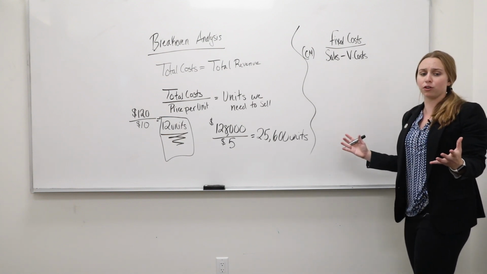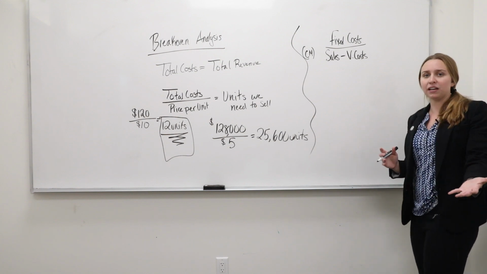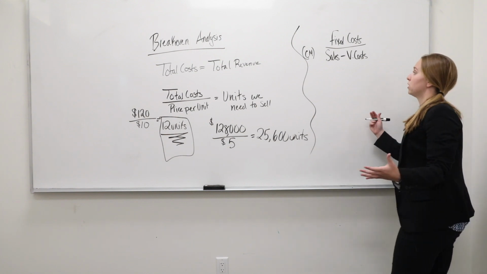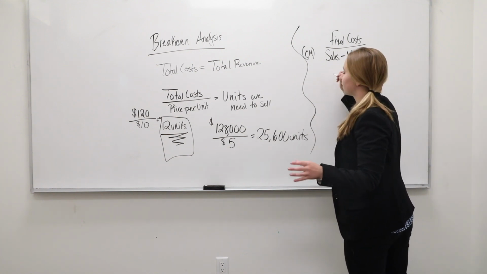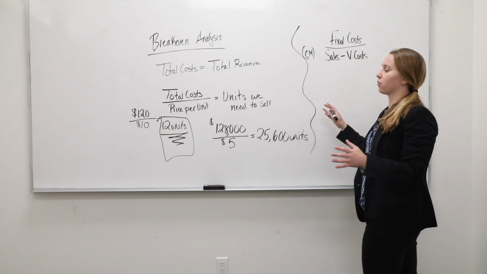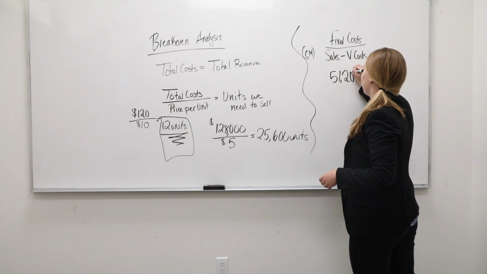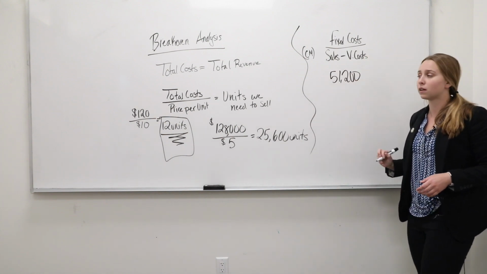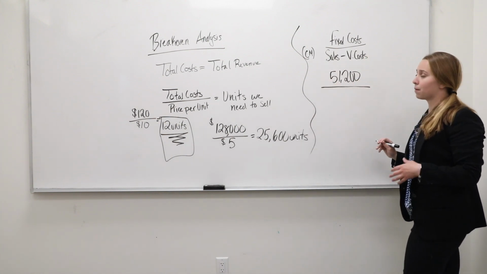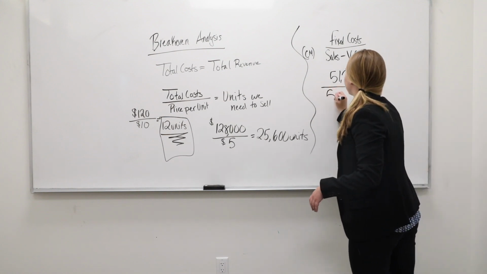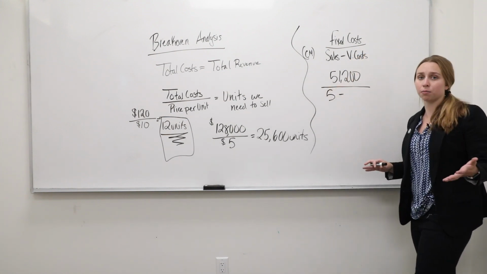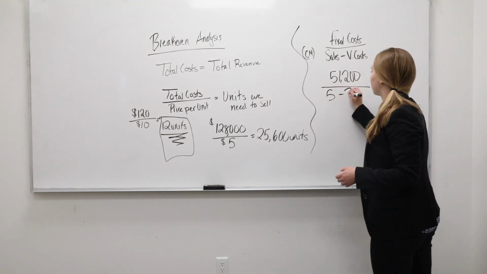So in terms of Yotes Co, I looked at my income statement and I came to the conclusion that roughly, and this can be kind of hard to find, so if you don't have these numbers, again, you can just use the other method, my fixed costs were $51,200. I'm going to divide that by my sales price, which is 5, minus my variable expenses, which I said were 3.